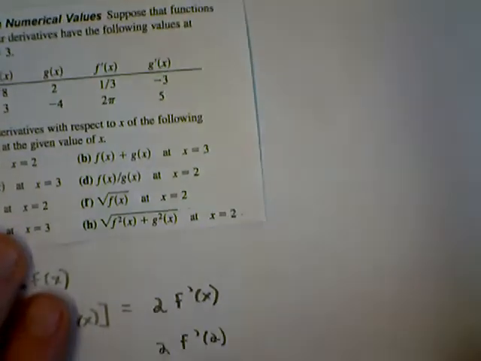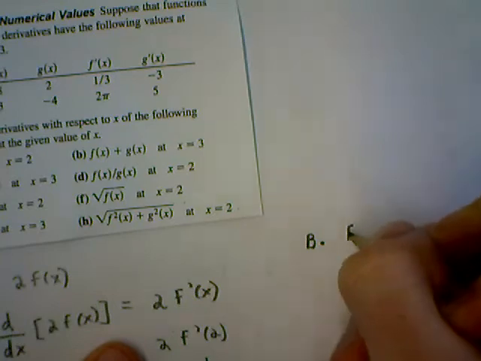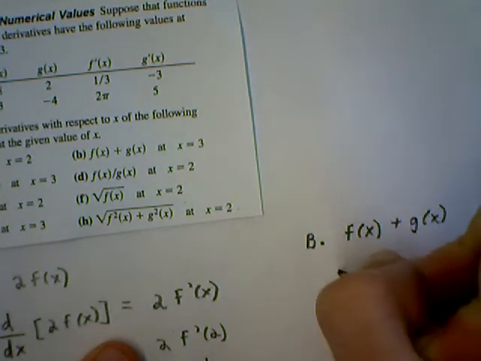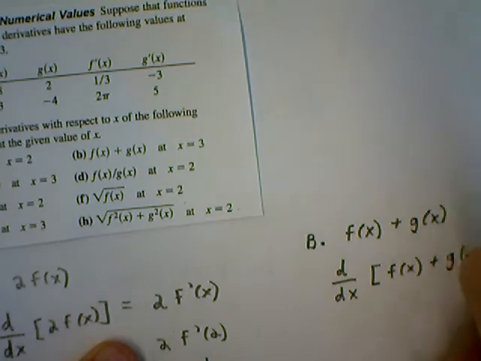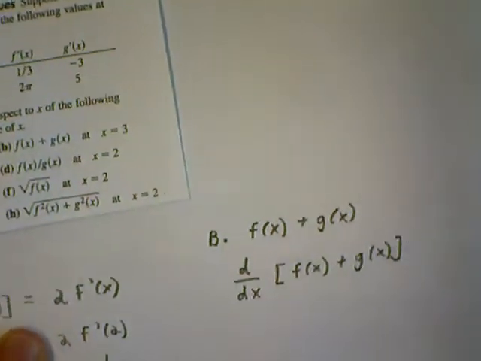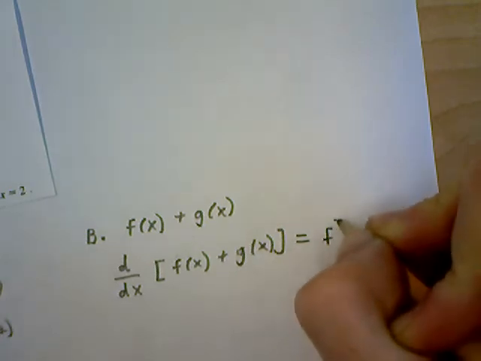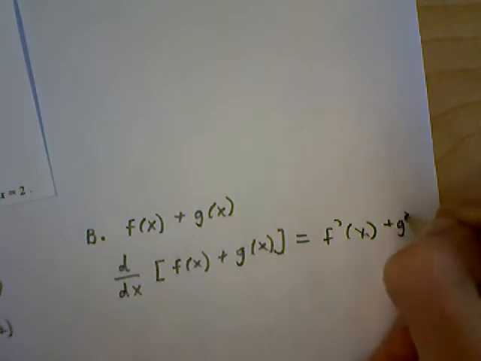All right, for letter B, I have f of x plus g of x. Take the derivative with respect to x. There are no products or quotients here, so this just becomes f prime of x plus g prime of x.